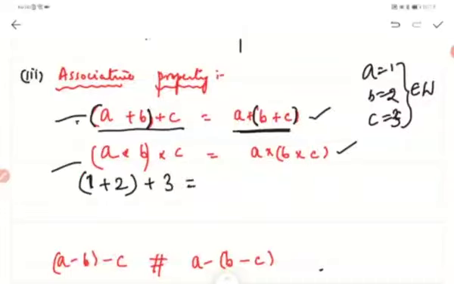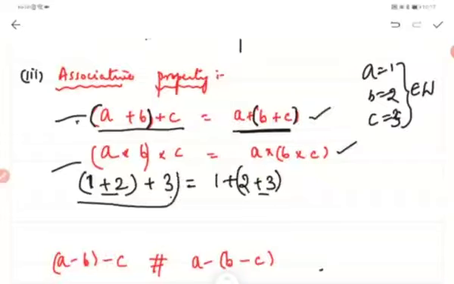I can write this by shifting the bracket towards 2 plus 3. You are giving priority to the bracket numbers to be added first. Look at the left hand side and simplify this. 2 plus 1 is 3, 3 plus 3 is how much? 6. So we have got 6 on the left hand side.